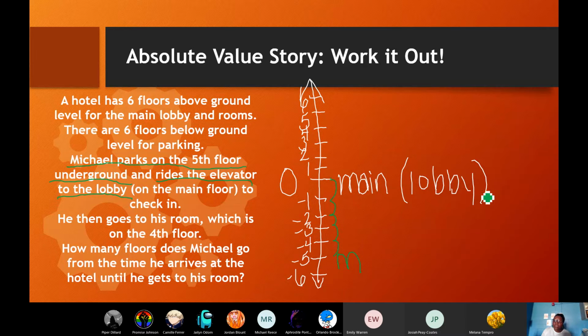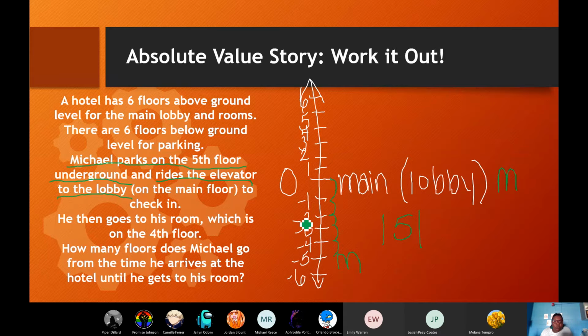So now Michael is here. What is the absolute value of Michael's jump from his parking to the main lobby? What would be the absolute value here? 5. So I'm going to write here 5 because I don't want to forget that, even though we're not done with Michael's story.